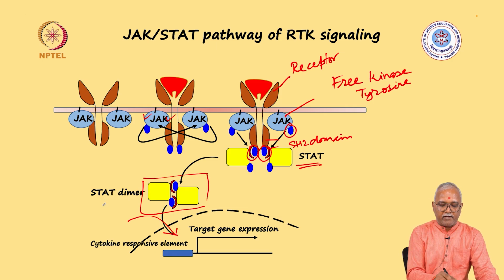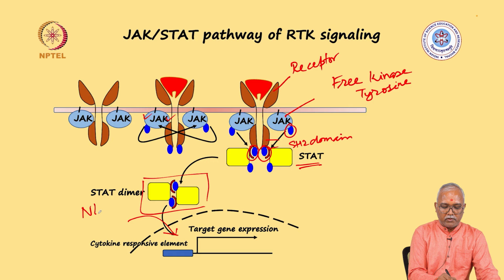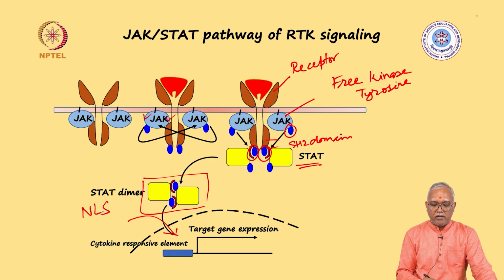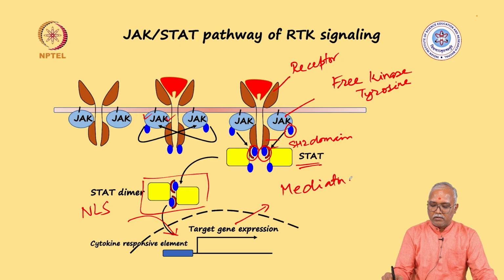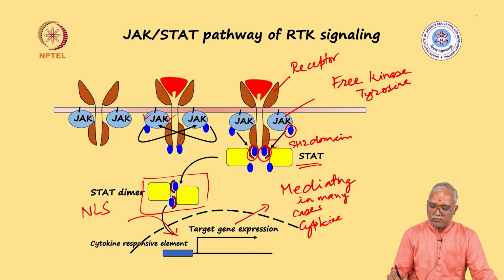So, you can obviously say this must have some sort of nuclear localization signal, and here it activates the transcription of gene expression, which will be mediating, in many cases, cytokine response.